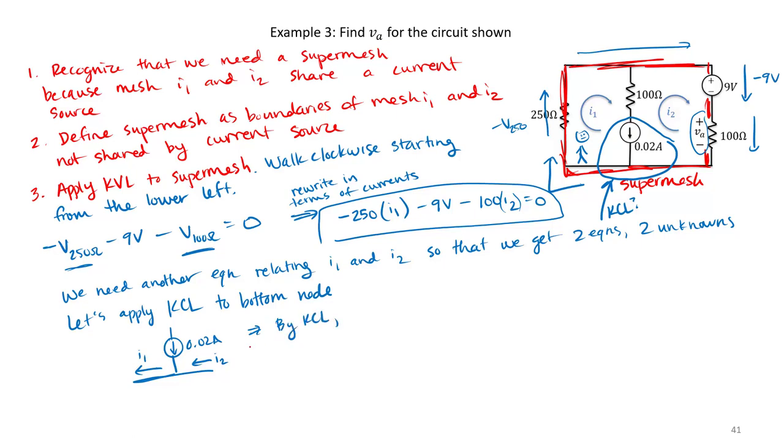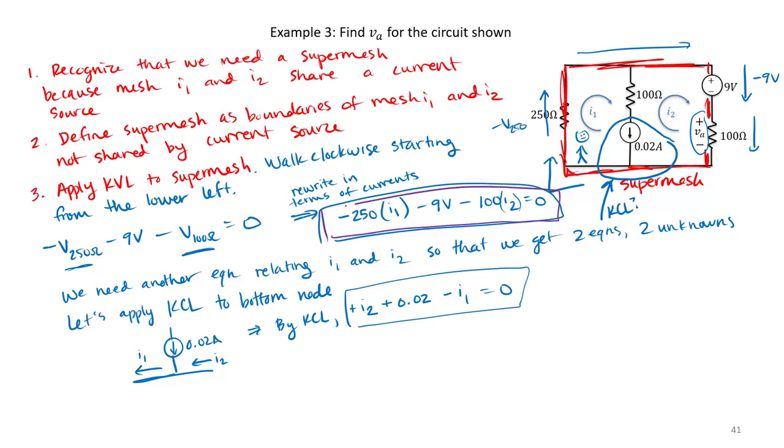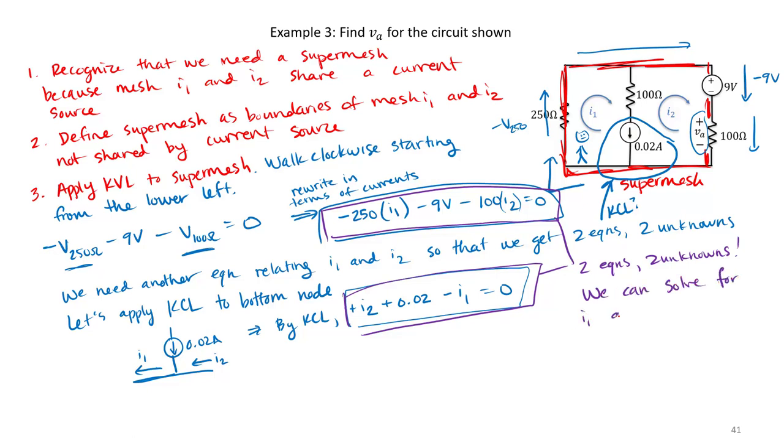Well, by Kirchhoff's current law, plus I2 plus 0.02 minus I1, that must be 0. Now we have two equations, two unknowns. So we can solve for I1 and I2.